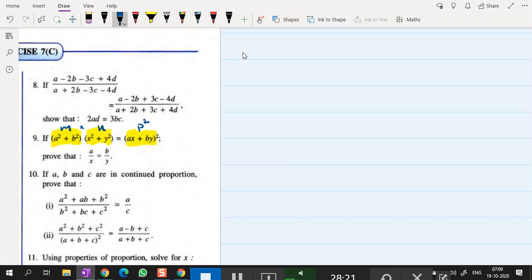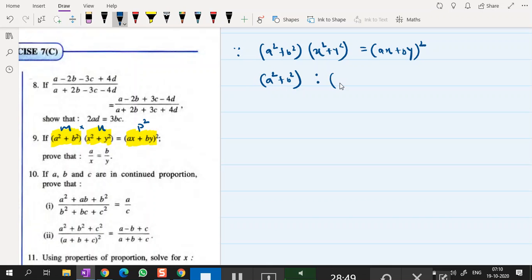Okay, so we can directly write it like this: since a square plus b square multiplied by x square plus y square gives ax plus by the whole square, we can say that a square plus b square is in proportion with ax plus by is in proportion with x square plus y square.